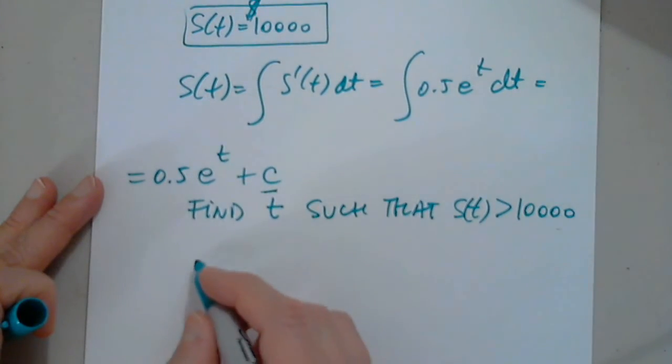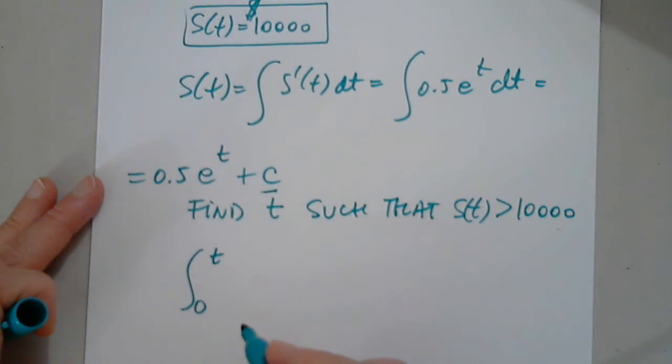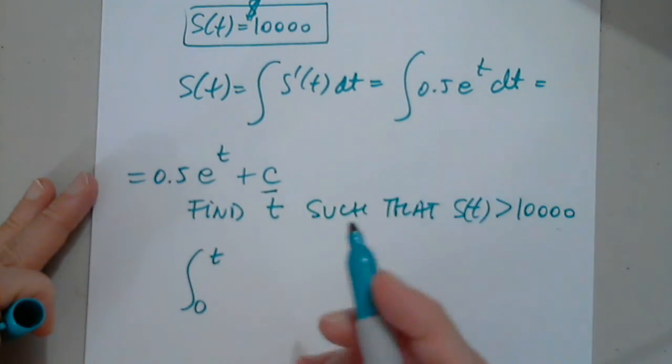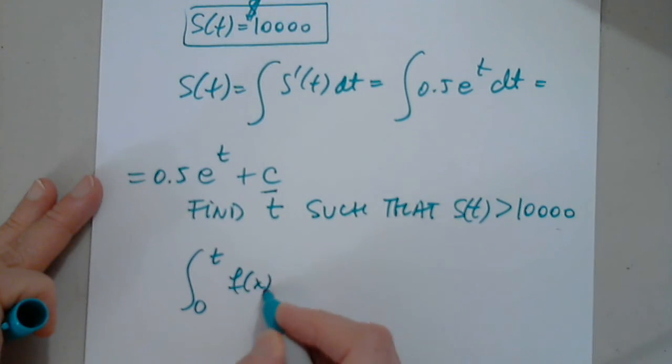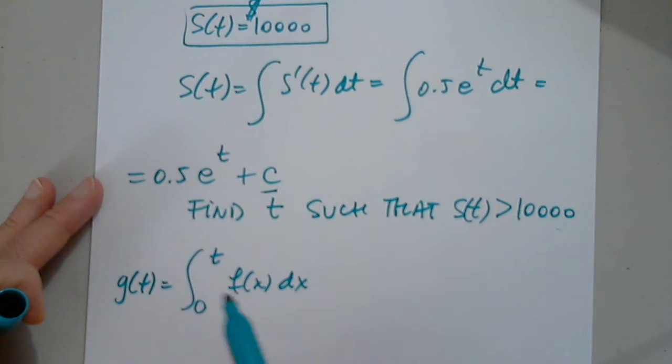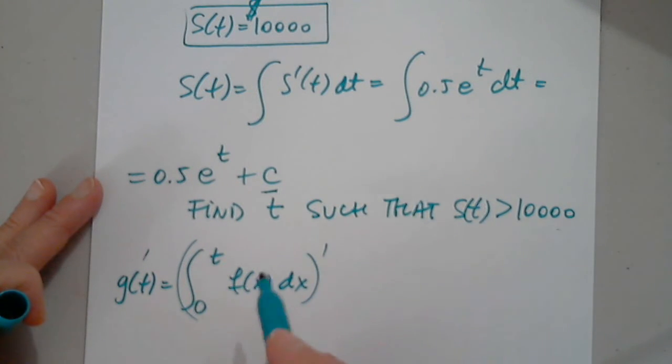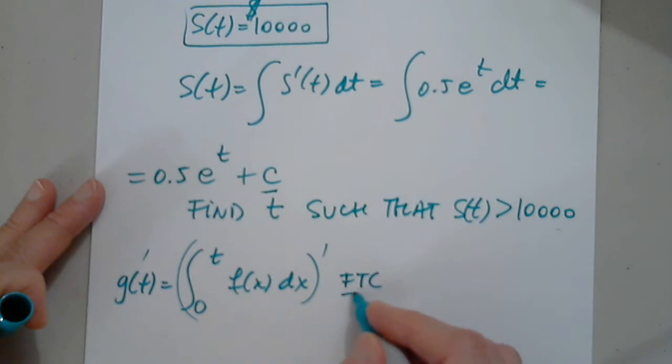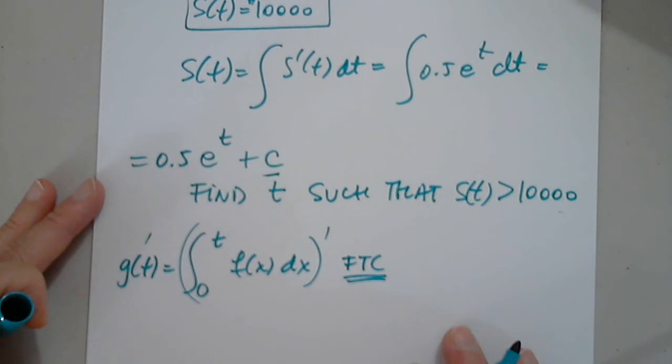If I have something like 0 to t, or in this case 0 to x, of f of x dx, this is a function of t. The only thing I can do is differentiate it. If one of these two limits is not a number, I cannot apply the fundamental theorem of calculus. It is applicable only if I have a to b, not t or x or a variable.